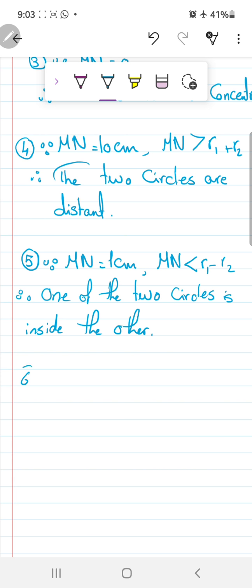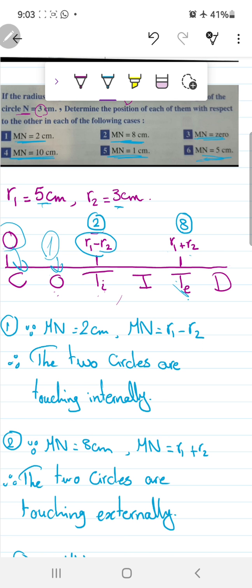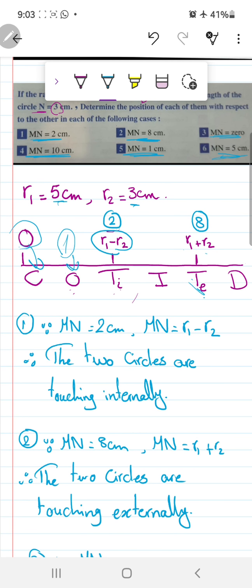Number 6, which is the last one. Here MN equals 5. Here 5 must be between 2 and 8. So the two circles are intersecting. Intersection means greater than the difference and smaller than the sum.